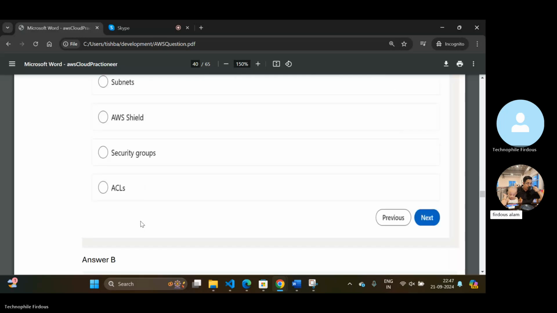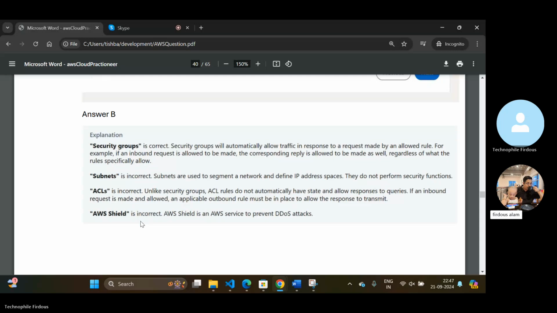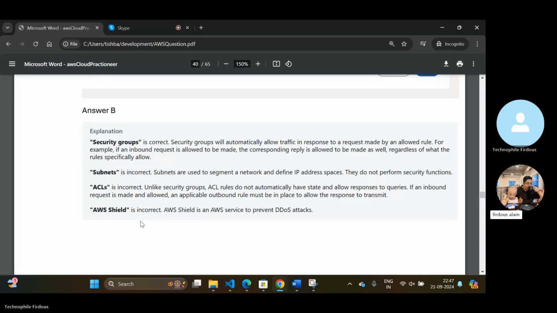AWS Shield should be the correct answer. You can say this: AWS Shield is a security group which automatically allows traffic in response to requests made by the allowed rules. If a request is allowed, then the response is always allowed, irrespective of what rule is specified.